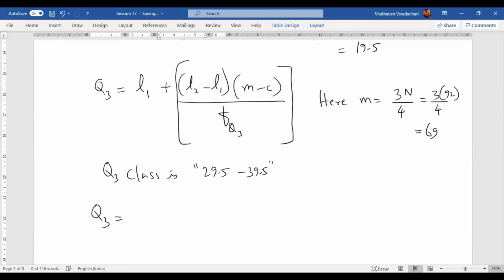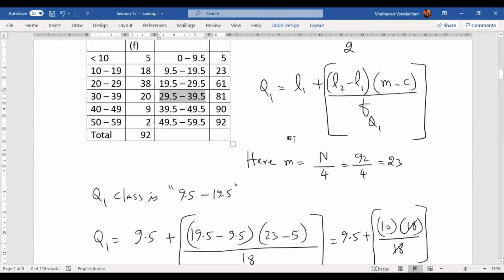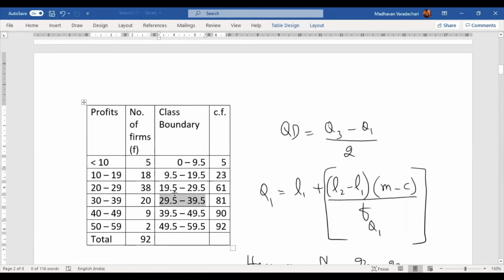Therefore, Q3 is lower limit, which is 29.5 plus 39.5 minus 29.5 multiplied by 69 minus the cumulative frequency of the class. C is the cumulative frequency of the class preceding the Q3 class. Q3 class we know is this. Before that, this is the class. The preceding class is this, and the cumulative frequency is 61.